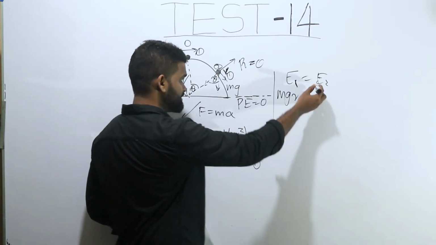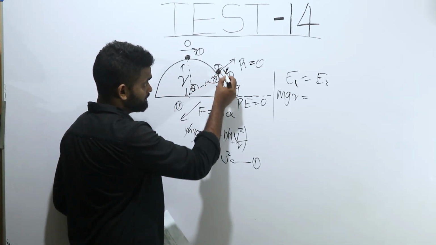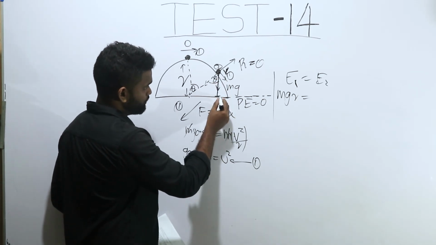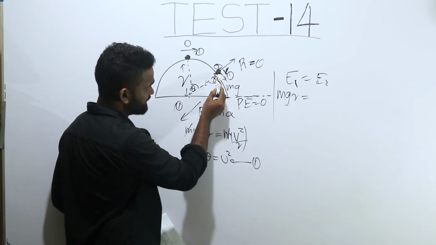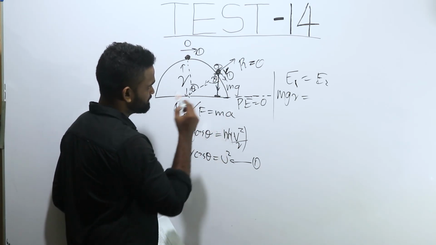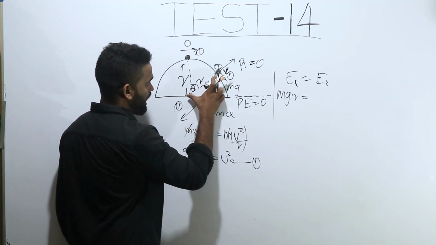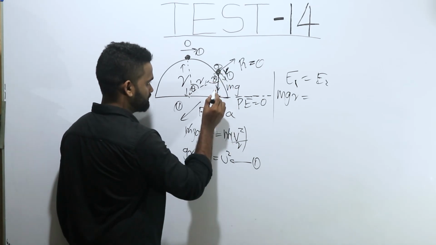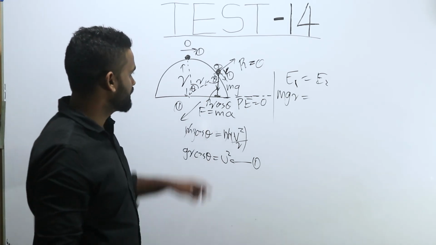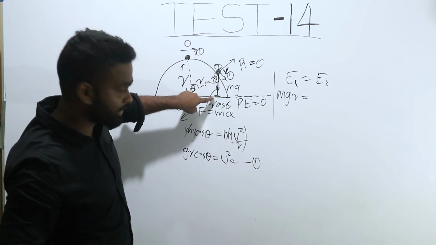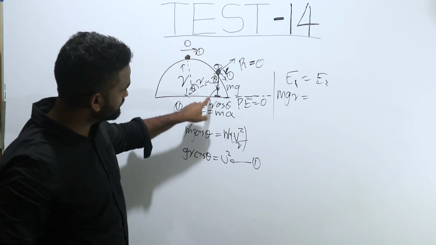Then I write energy at point 2. As the object is here, what's the potential energy? You have to find this height from this level. What is that height? Radius r, think about this triangle. r cos theta is the height.